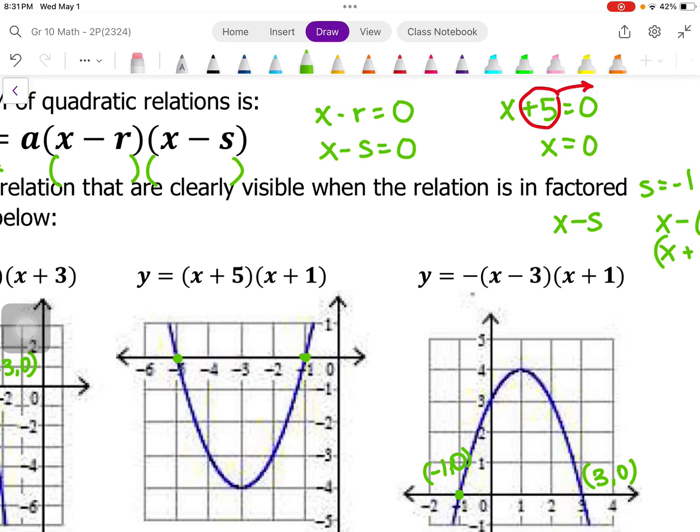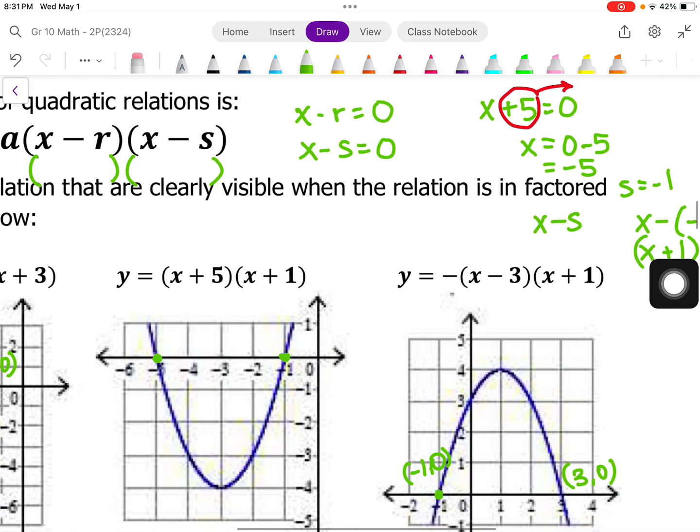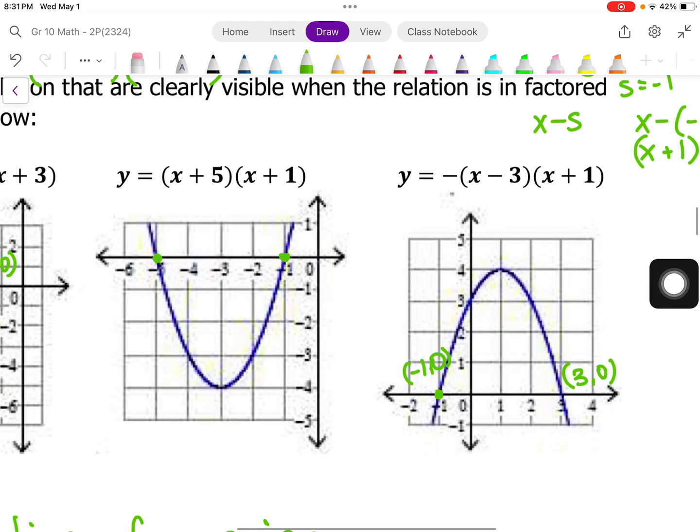So this is going to be a 0 minus 5, which is equal to -5. So to end up with a 0 in this bracket, -5 plus 5 is equal to 0, and once I have a 0 in here, 0 times anything else will give me my y value of 0. So to have -5, 0 over here, I need a -5 plus 5 to equal 0.